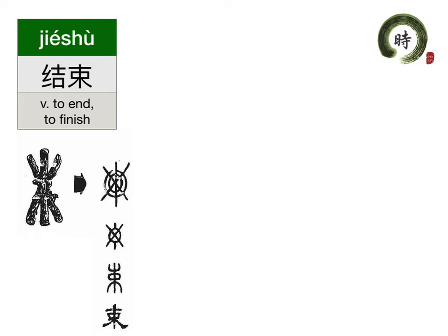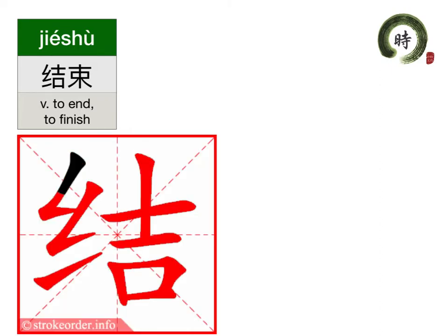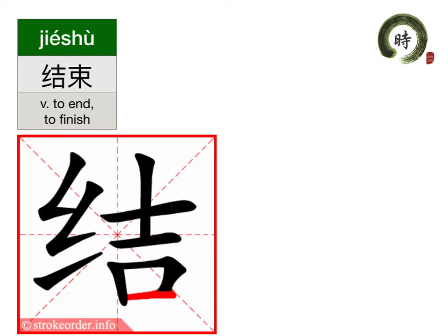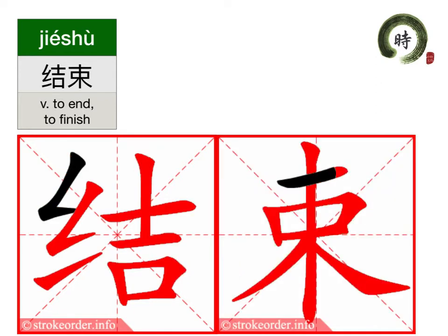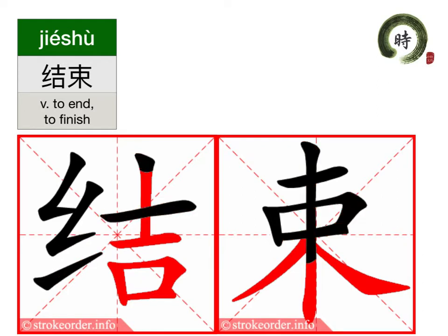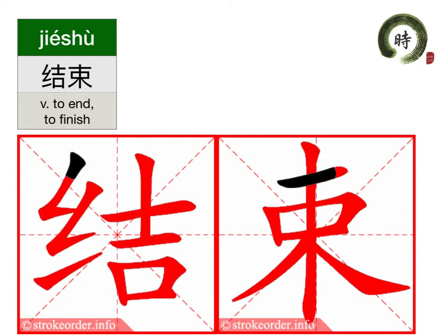Now let's take a look at the writing here. So this is 结, a silk radical, and 吉, also 口. This is 束. We just simply add a square, or we say a 口, on the character 木, right?